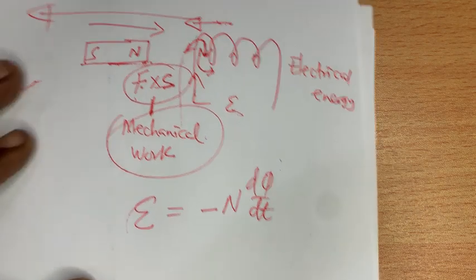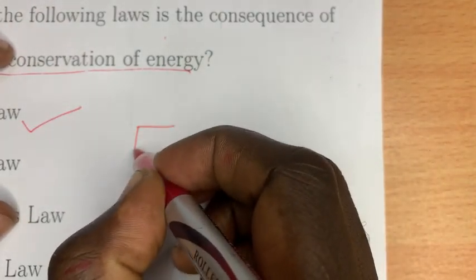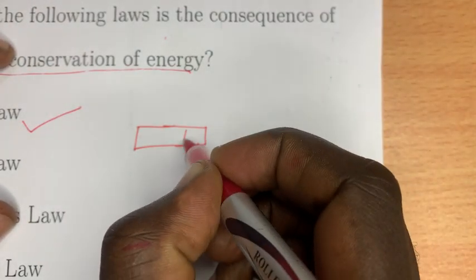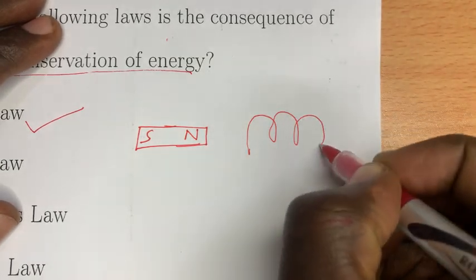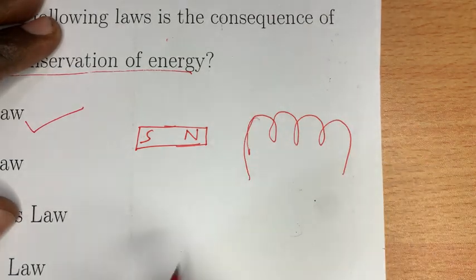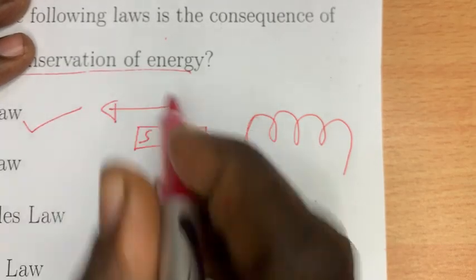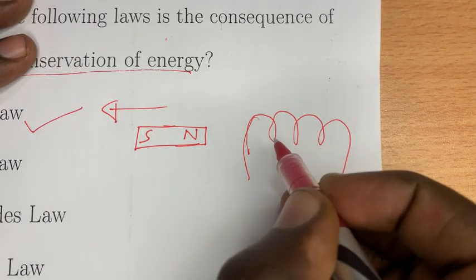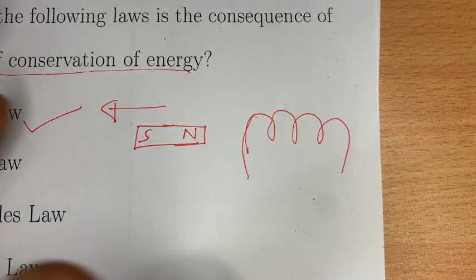Again, let's say I have a north pole here, a south pole here, and I have my wire loop here. Now if I try to push the magnet away from the wire, the wire will behave in such a way that it will oppose it.